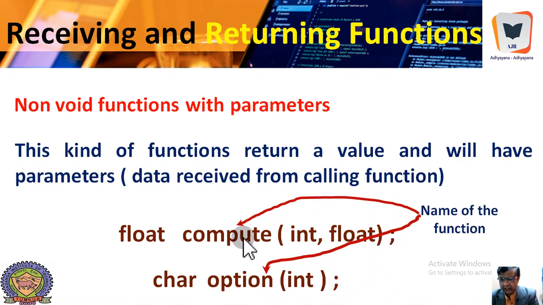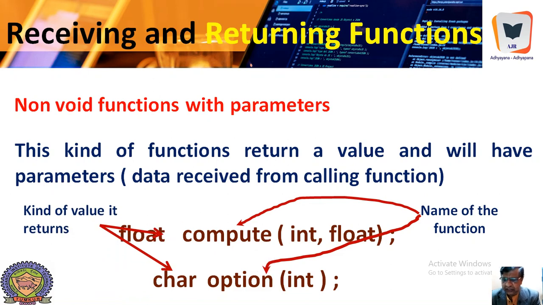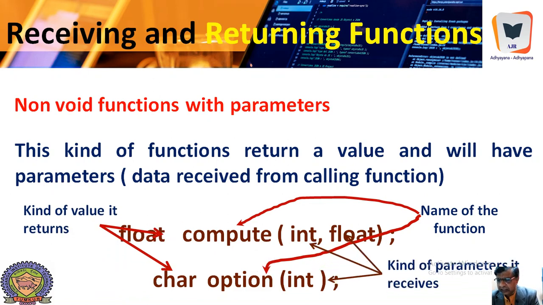These two are names of the functions, and these are the kinds of value they return, and the things contained in the brackets are called the kind of parameters that it receives. Put together, the float, the kind of value a function returns, the name of the function, and the parameters in the order that is specified, are collectively called the signature of the function.